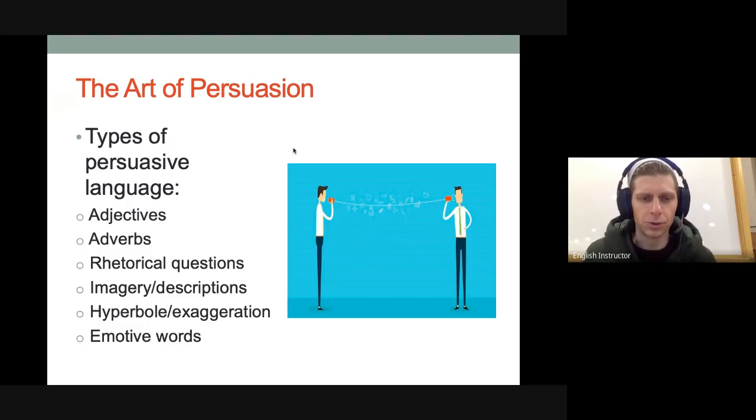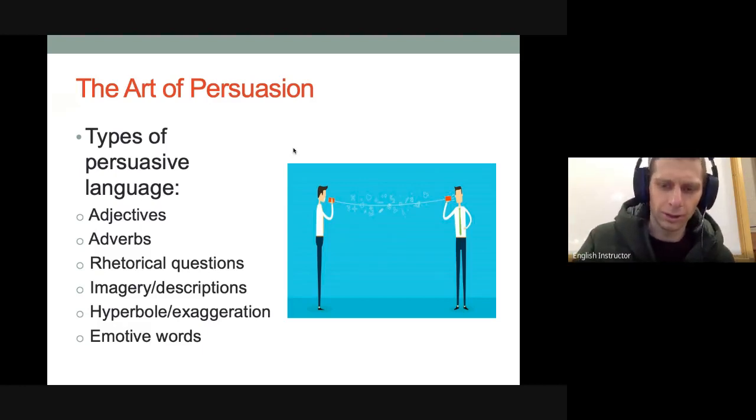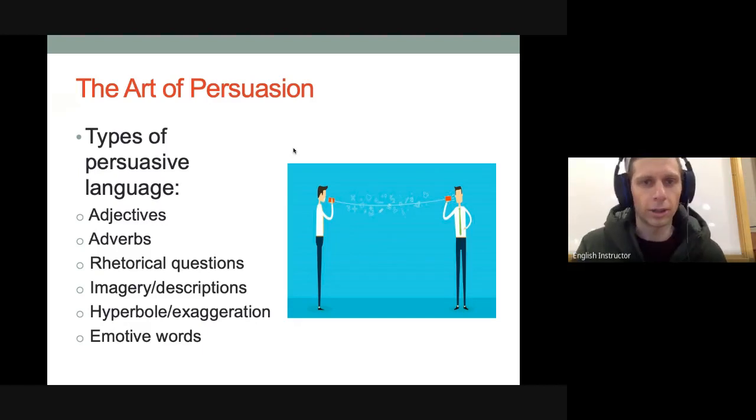And then we also use this thing called hyperbole, which can be described as an exaggeration, although we'll talk about what the difference is between the two. But yeah, hyperbole, and then of course, emotive words, with emotive being just the word that means we're trying to use emotion. So words that are emotionally charged.